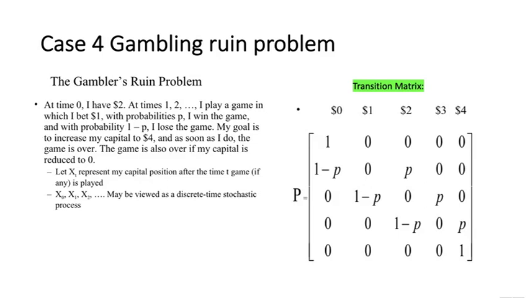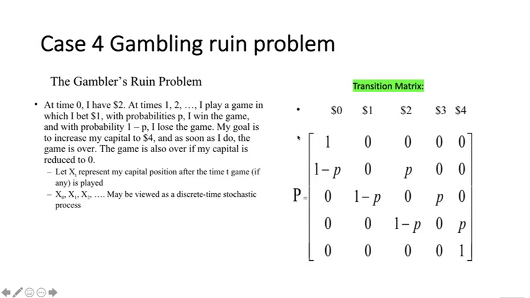When I play the game and lose, my money becomes 0. And the maximum I can get is 4. So the state can be 0, 1, 2, 3, or $4, and X0, X1, X2 may be viewed as a discrete-time stochastic process.